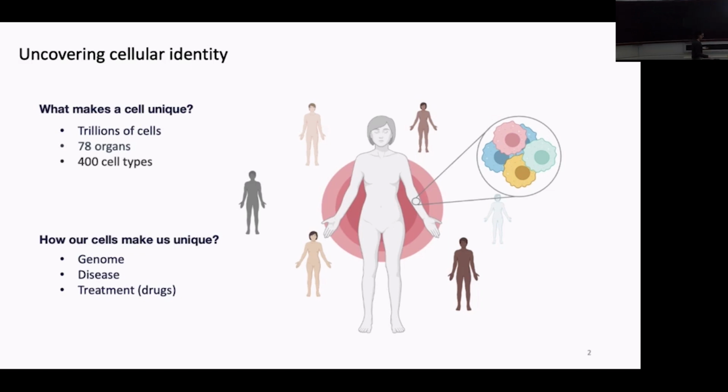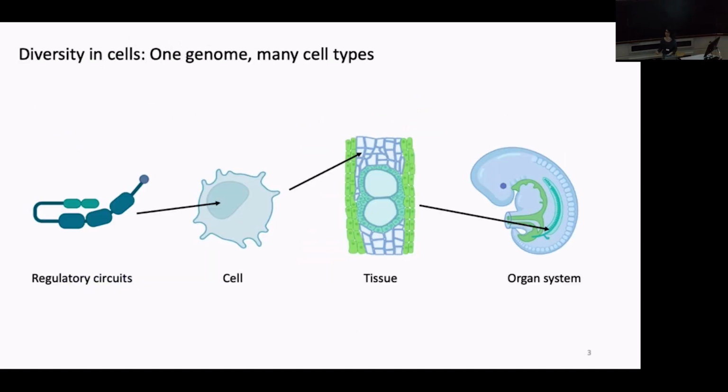So the main idea here is what the differences across these cells are and what makes cells different from each other. Within one human body, we only have one genome, one DNA in all the cells, but cells are different. So what makes them different? That's the regulatory circuit underlying the cells that specifies which genes should be expressed in the cell.